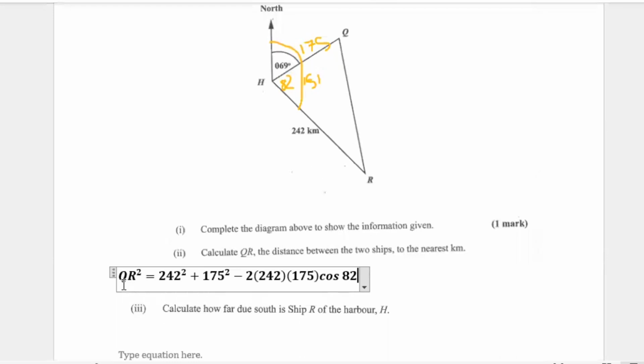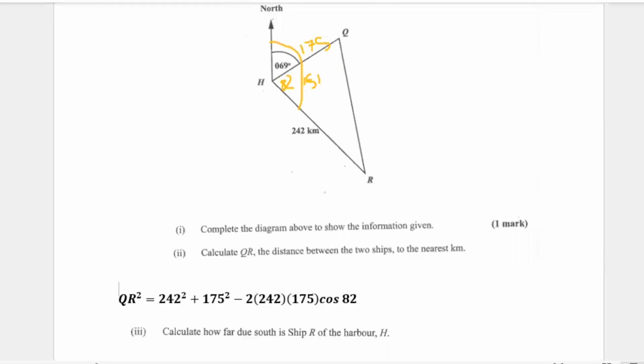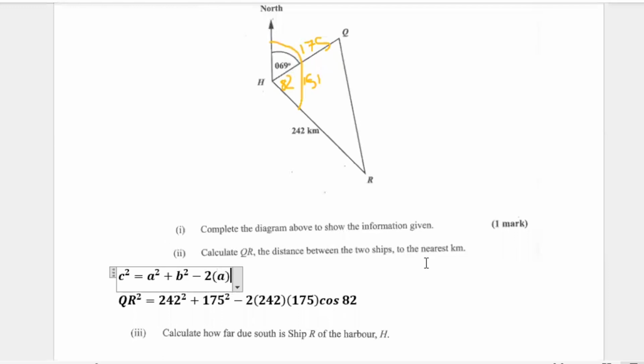As a matter of fact, let me write the general formula for cosine. So it will be the length c square is equal to a square plus b square minus 2ab cos theta.